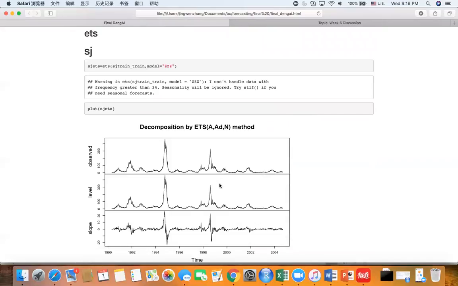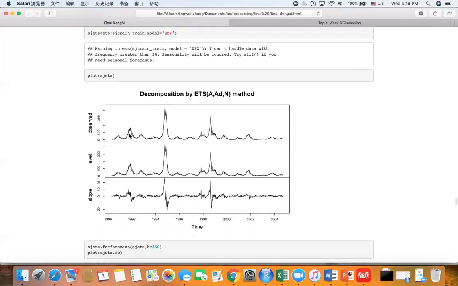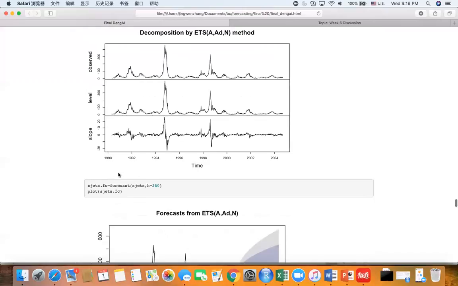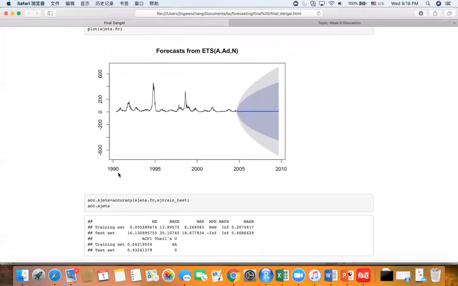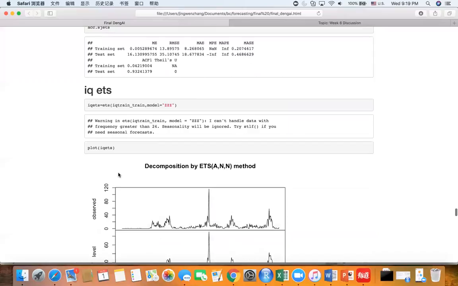The next one I use is ETS model. I use a model for ZZZ, and then there's a decomposition graph by ETS ZZZ model. And then the forecasting for ETS in the next 5 years still looks like a very straight line, just similar to ARIMA.